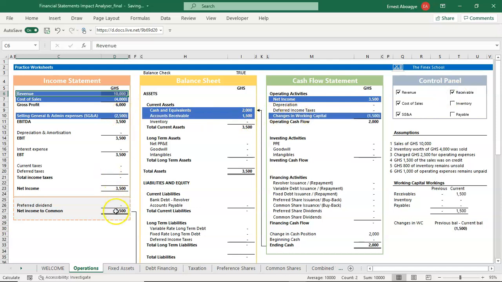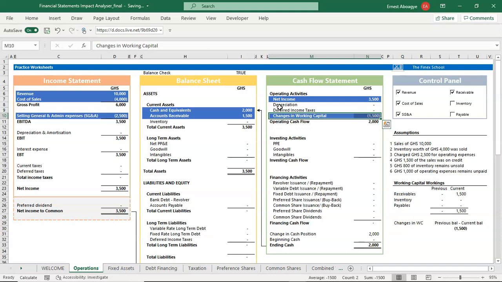The income statement still remains the same, but when we come to the cash flow, you realize that we have a net income of 3,500 feeding the operating activity section of the cash flow, but no notional charges or notional costs at this point, which is depreciation and deferred taxes, but there is an impact on working capital.